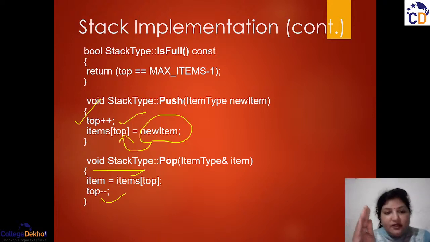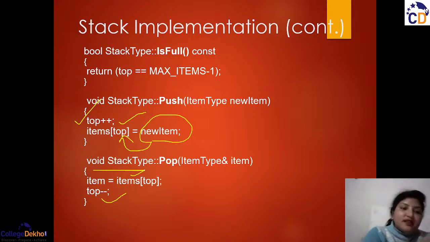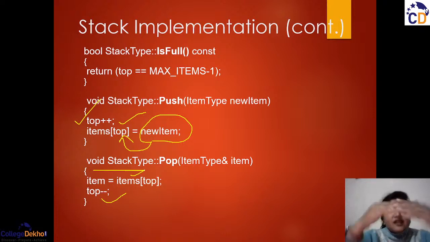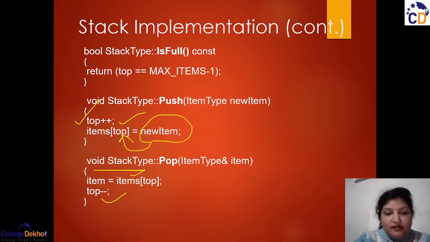You take the top element, assign it to the item, and then decrement that pointer. This is very important while defining the push function and pop function, right? So always remember this part.